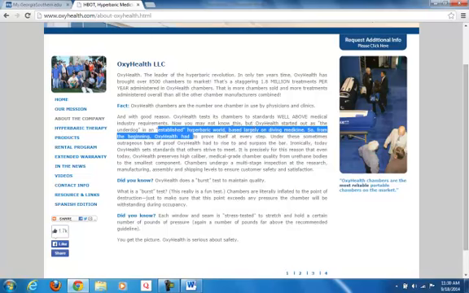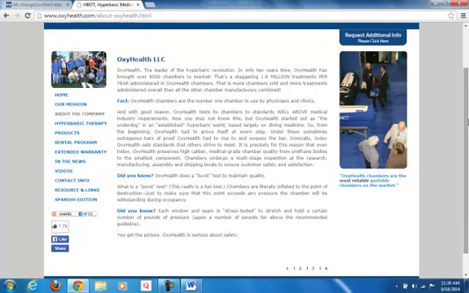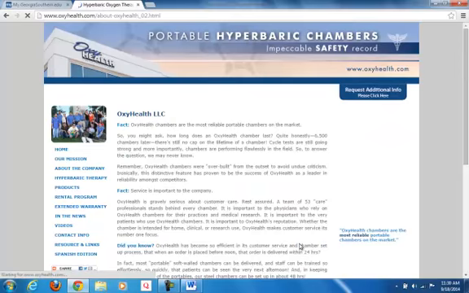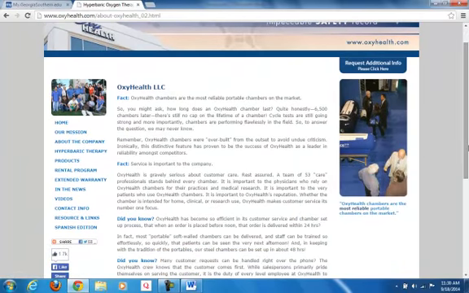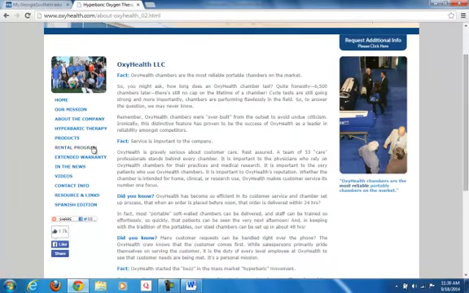They focus specifically on diving medicine, which seems to be a very big thing for hyperbaric chambers. They have some just interesting information about their product. They have a little quick fact and did you know section.